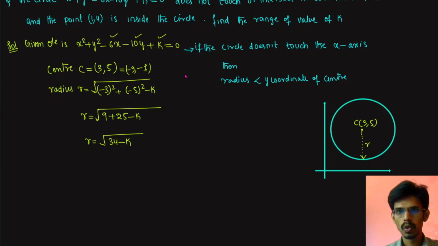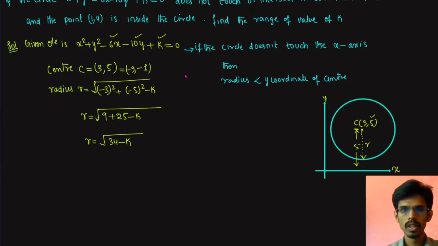But this 5 is the length from the x-axis up to this point C. So whenever the circle is not touching the x-axis, it means that the radius will be less than the y coordinate of the center.